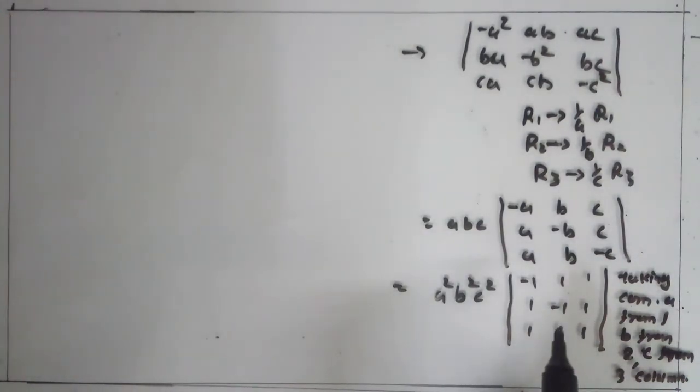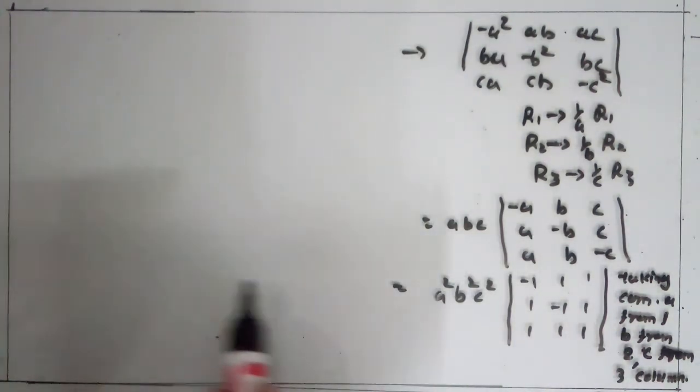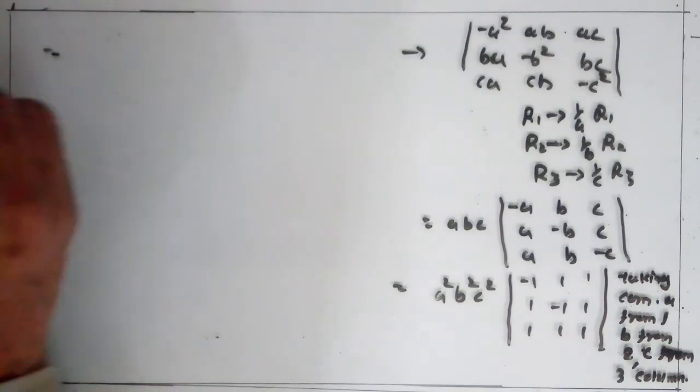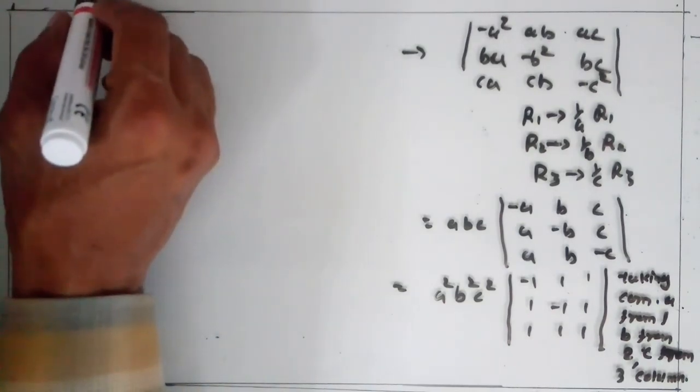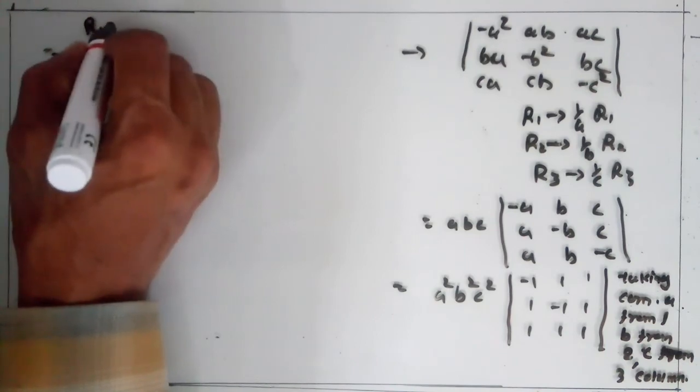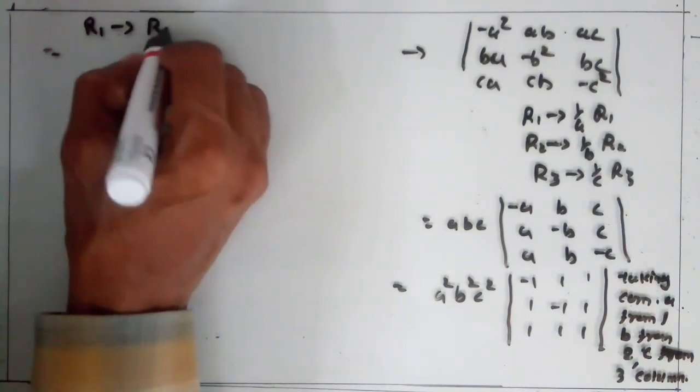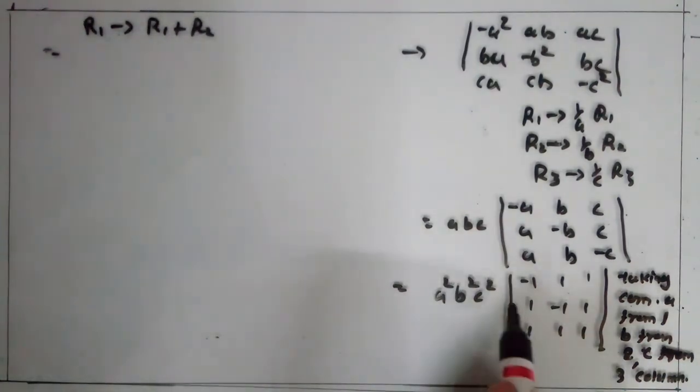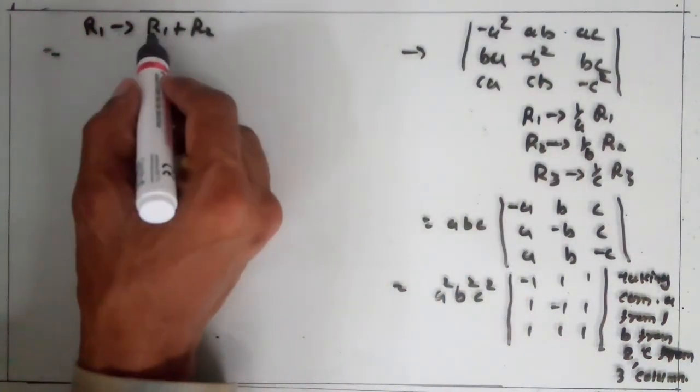Now we need two or more 0s, so think how to get a 0. If we multiply the second row by 1 and add it to the first, we get here 0, here 0, here 2. Clear? So first write this operation, R1 implies R1 plus R2, multiplying the second row by 1 and adding it to the first row.